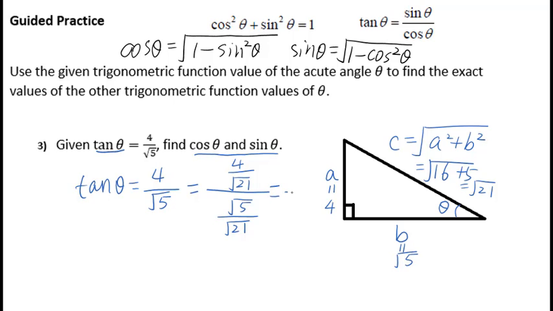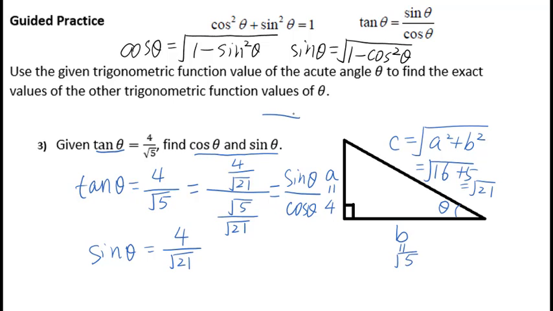Then the top will be sine theta and the bottom will be cosine theta. In other words, we can write down sine theta equals 4 over square root of 21.